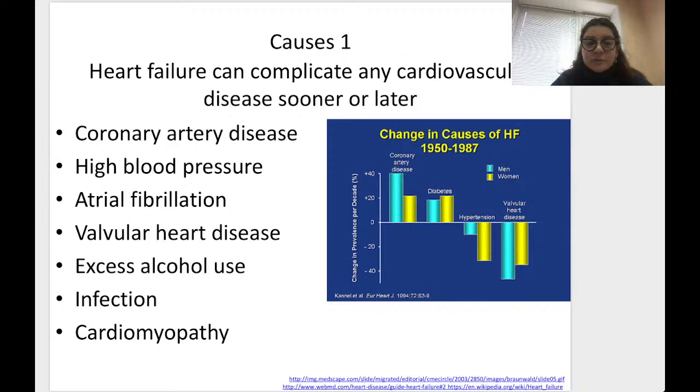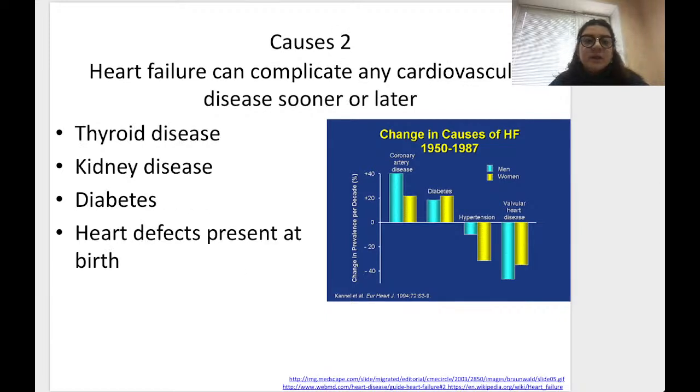It can be non-cardiovascular causes, like for example excess alcohol use or severe or chronic infection, or other cardiovascular disorders like cardiomyopathy. It can be caused often in patients with thyroid disease, kidney disease, diabetes, and heart defects present at birth.